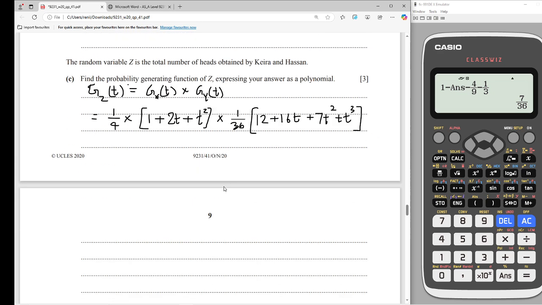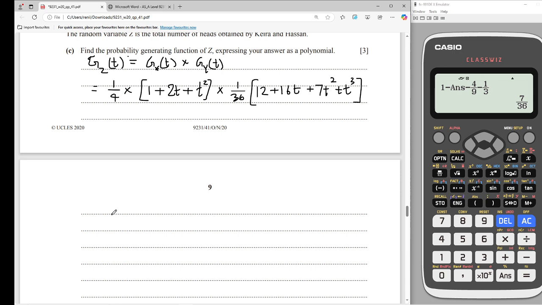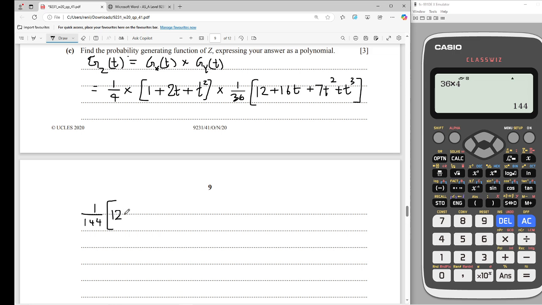Right, so now how do we multiply this? Well, this is basic algebra that we can just use. 36 times 4 is 144, so 1/144. Now we have to use the FOIL method. Very simple. 1 times all of these values just gives us all the values again.